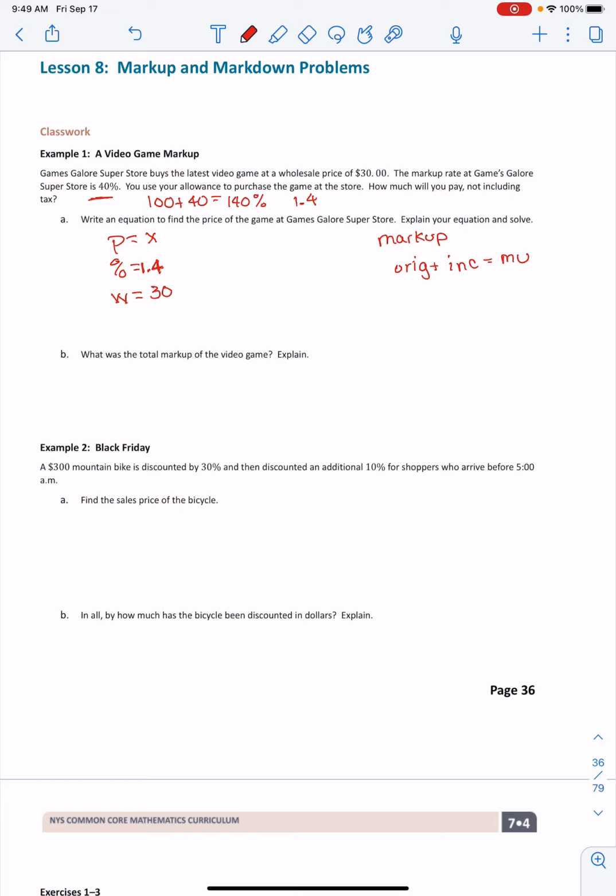So now we have P, percent, and W. And next we fill it in. So we have X equals 1.4 times 30. So our selling price is $42. This actually is our selling price.